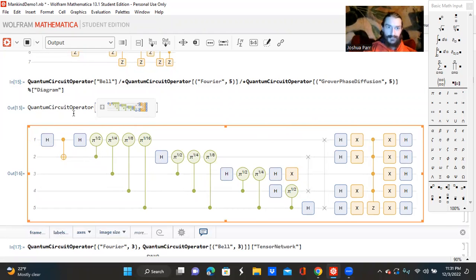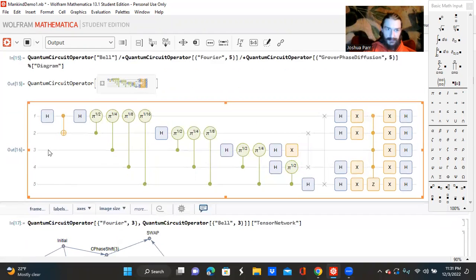So this is how this starts off. You have a Hadamard gate, then a controlled NOT gate, and then another Hadamard, and that's the magic, the Bell.